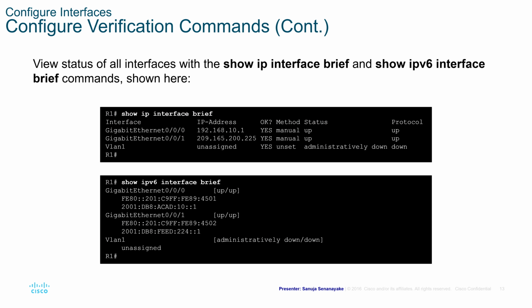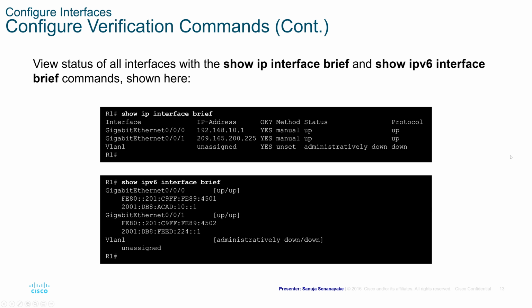Viewing the status of interfaces with the show IP interface brief and show IPv6 interface brief commands is shown here. Just by typing show IP interface brief, it will give you the IPv4 information, while show IPv6 interface brief will give you the IPv6 information.